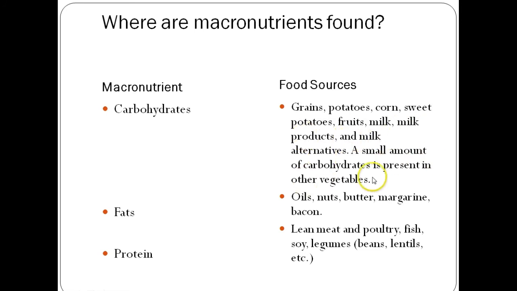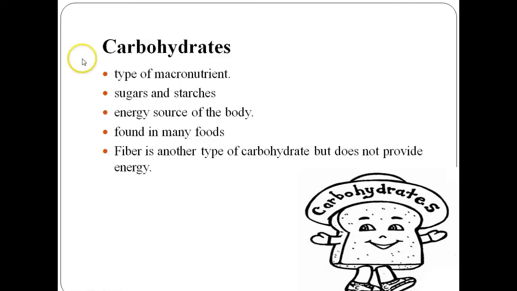A small amount of carbohydrate is present in other vegetables. Under fat, the food sources include oil, nuts, butter, margarine and bacon. Under protein, the food sources include lean meats and poultry, fish, soy, legumes which means beans, lentils and so on.